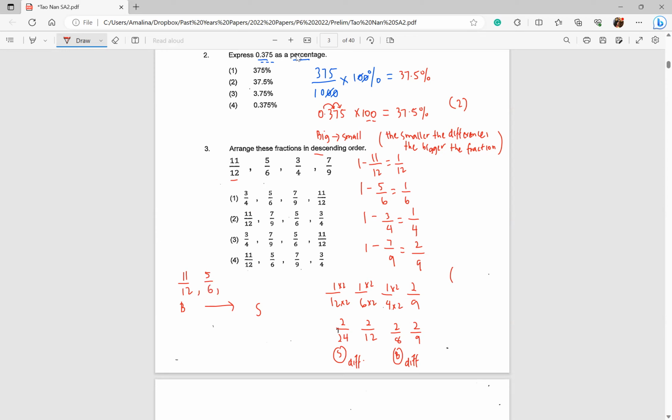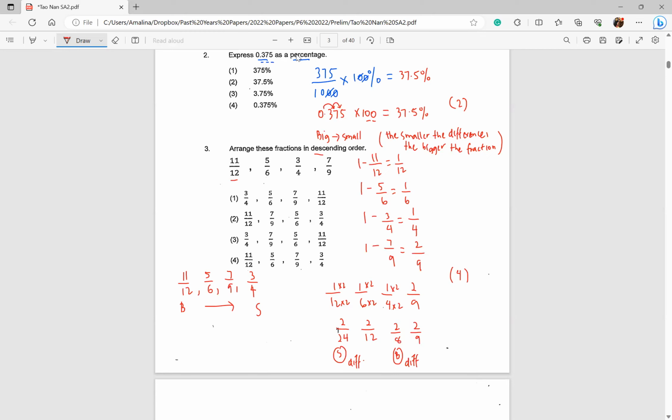Then followed by 2 over 9, which is 7 over 9. And finally, 3 over 4, because 2 over 8 is the one with the biggest difference, which means my fraction must be the smallest. So we are looking at option number 4 for question 3.